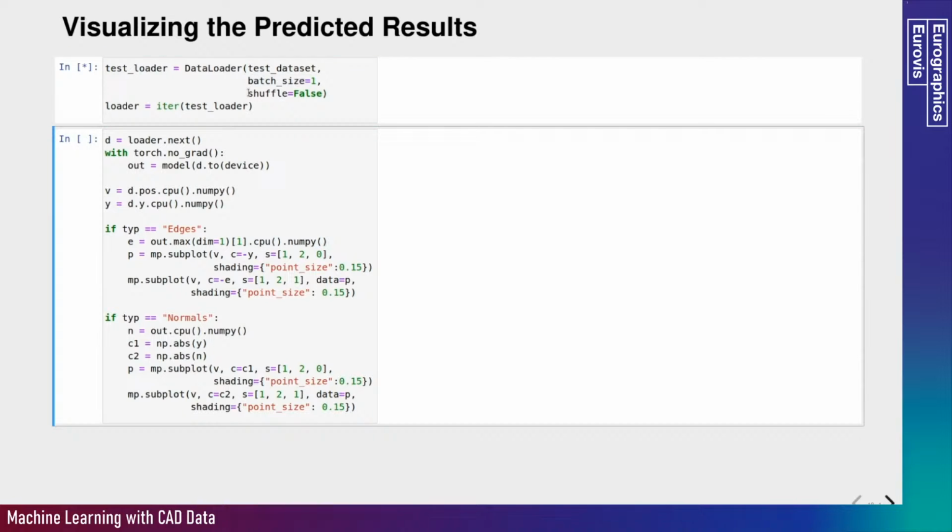So again, this loader, and now we can call the loader next function, and in this case we go into this edges case here, where we need to estimate the proper class just by taking the maximum over these two fields and then selecting the one with the highest estimation. Again, put it to the CPU and to NumPy to be able to work with it. And what we're doing here is some sort of color coding of the class again.